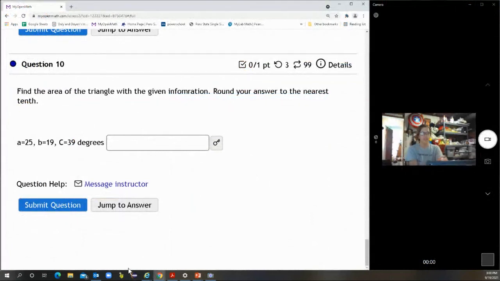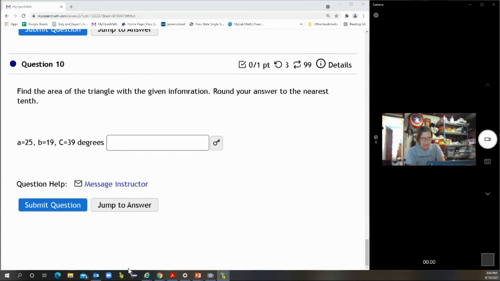All right, so let's just draw our triangle here. It says find the area of the triangle. This is not necessarily a right triangle. It isn't drawn very much to scale, but let's just say that's 19 and that's 25.